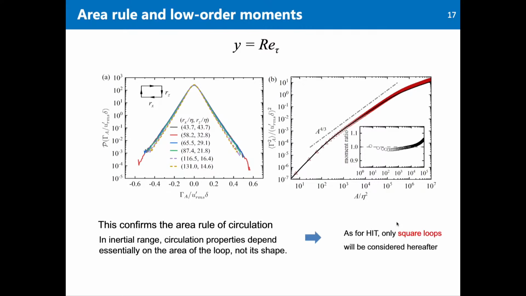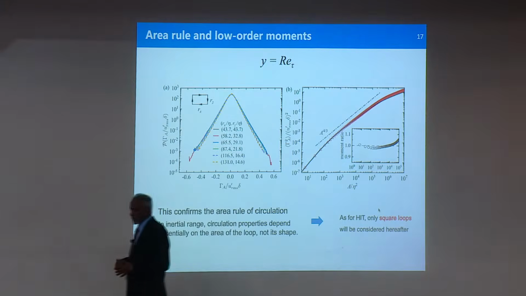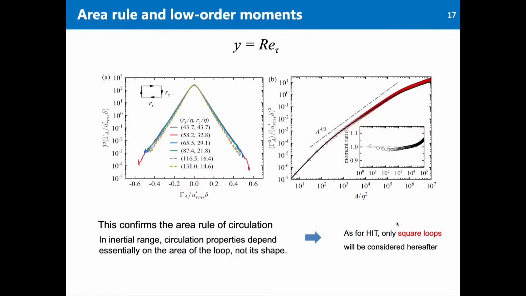So what is the thing? As for homogeneous isotropic turbulence in a box that I described before, only square loops need to be considered further, which is what I will do. Okay, we got this far.